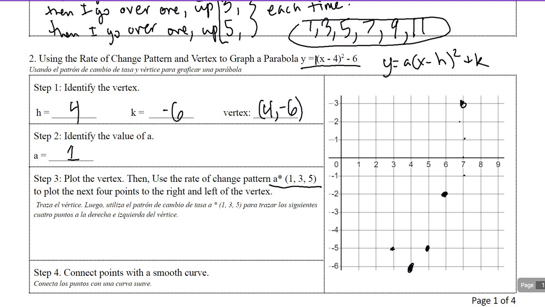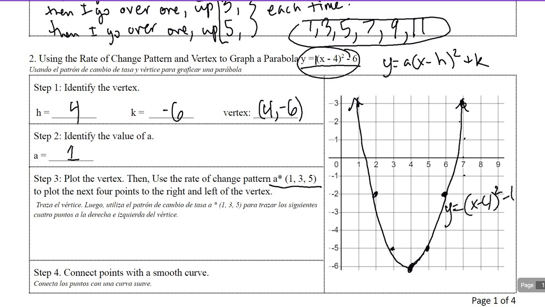And using symmetry, I'll do both sides of my graph. I will connect with a smooth curve. And that is the graph. This is the graph of my function y equals x minus 4 squared minus 6. Okay, next problem.